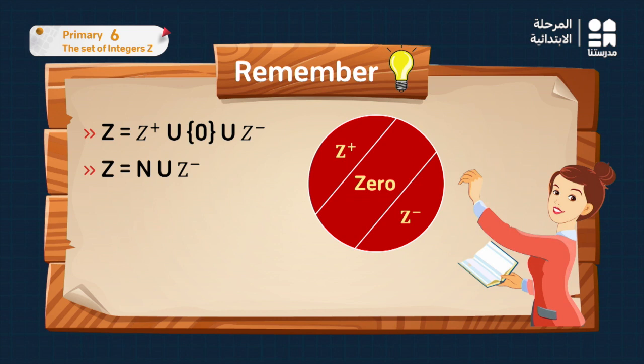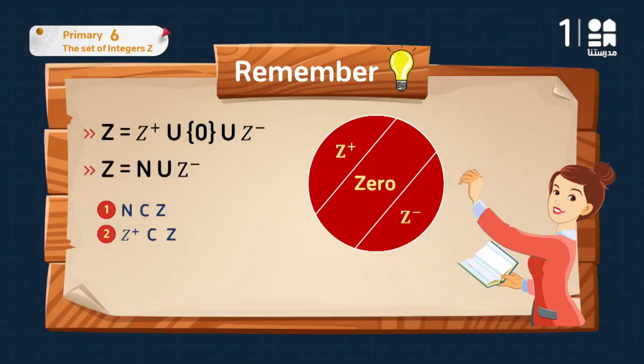Also, you can replace Z positive union 0 and write N, because N equals the natural set, which equals Z positive union 0. Both of them give the same meaning, because N represents the natural numbers, which are 0 and the positive integers.